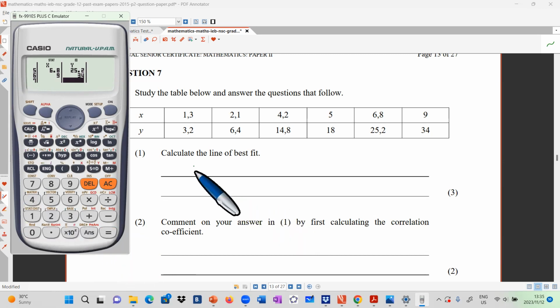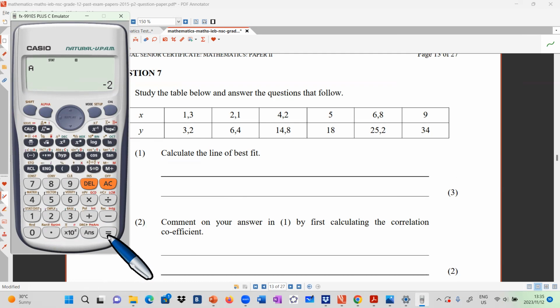Okay, obviously when you just calculate the line of best fit, so we can press on. Shift stat, shift 1. We are doing regression analysis, so we are doing shift 5. Obviously about finding the values of A and B, so we can find first the value of A, which is the number 1. And we can see clearly that the value of A is -2.